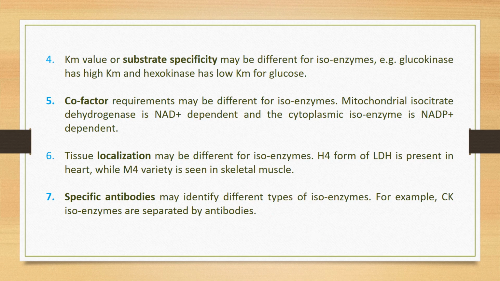Okay, so these 7 can be used for the separation or identification of a particular isoenzyme. So these are all for isoenzymes. You have to remember the definition, some examples, their properties, how they differ. In a short note, you have to write this and how they can be separated.